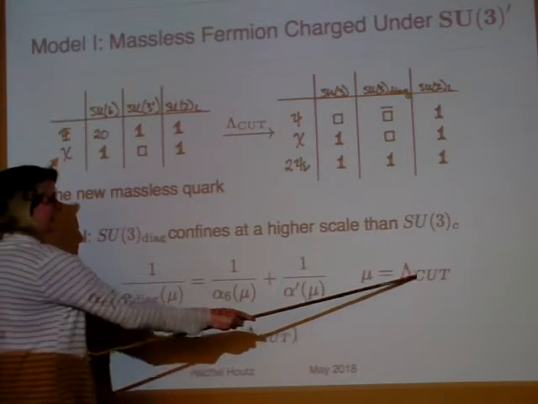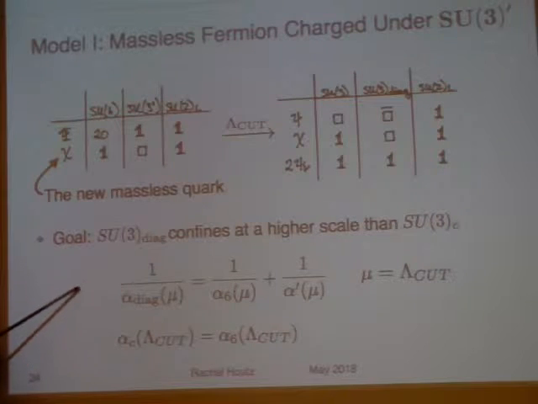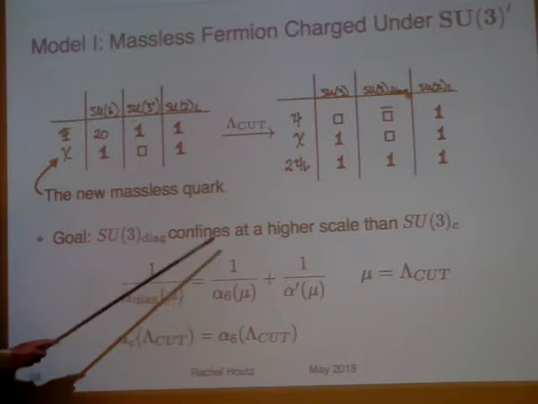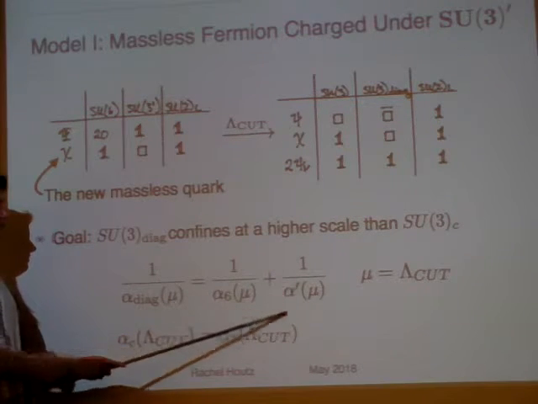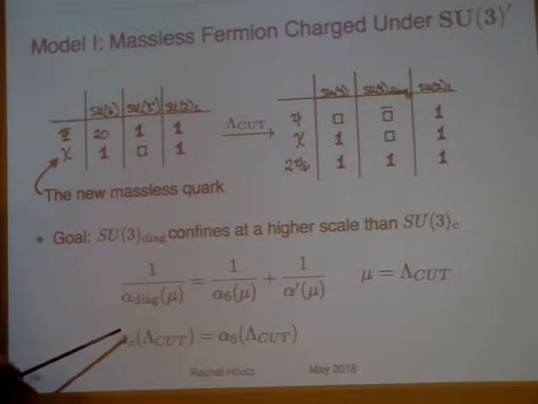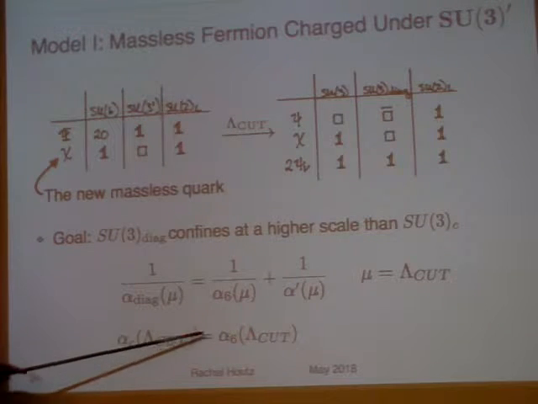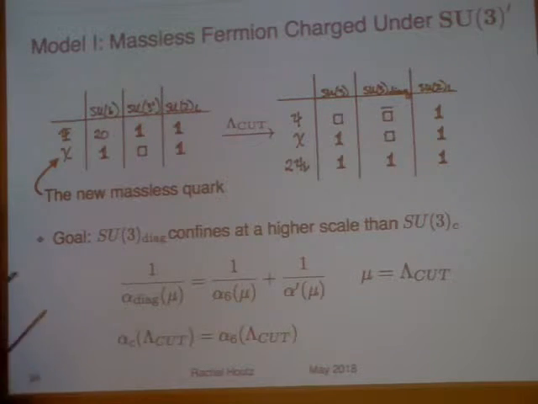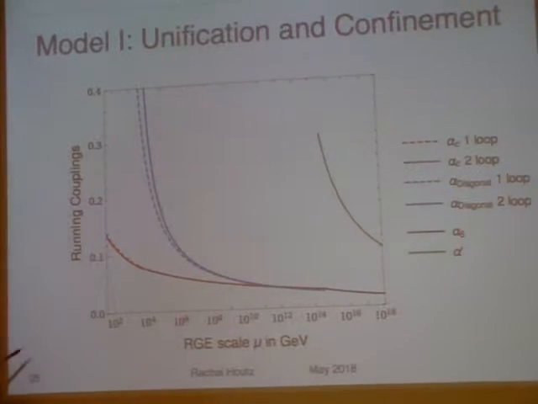At the cut breaking scale, 1 over the gauge coupling of the SU3 diagonal group is the sum of 1 over QCD's gauge coupling and 1 over SU3 prime's gauge coupling. And then also at the color unification, QCD is equal to the SU6 gauge coupling. So with these boundary conditions and with our field content, we can calculate the renormalization group running.